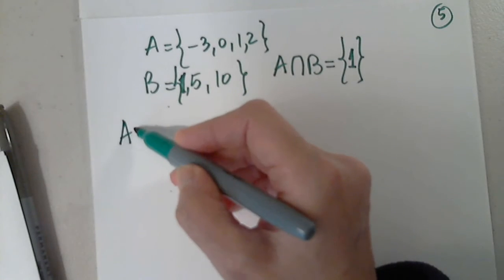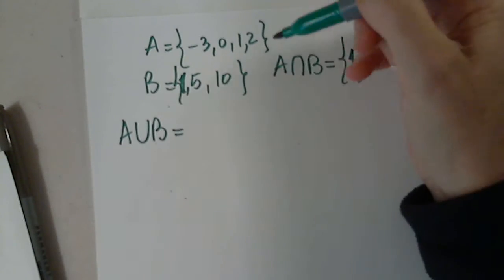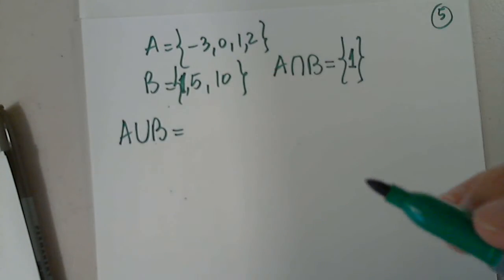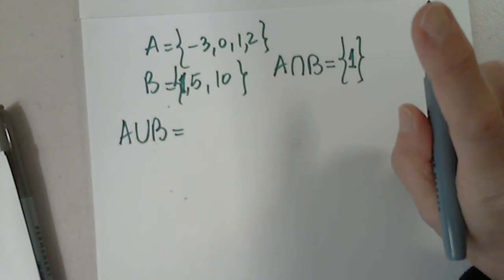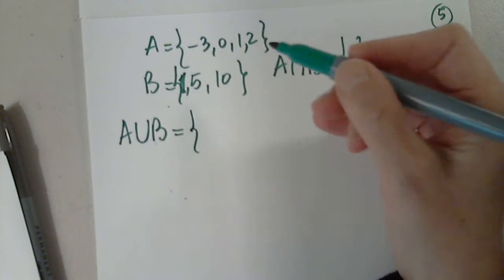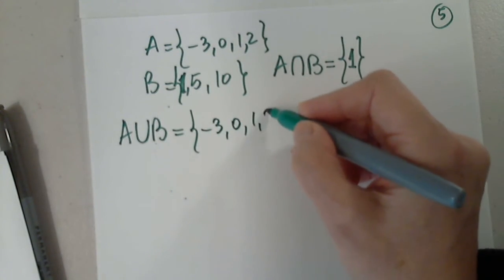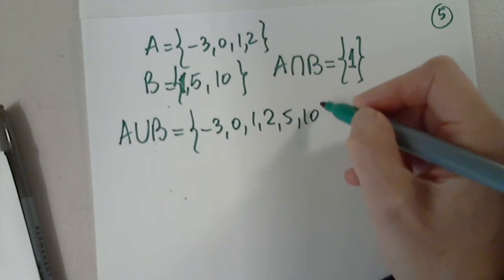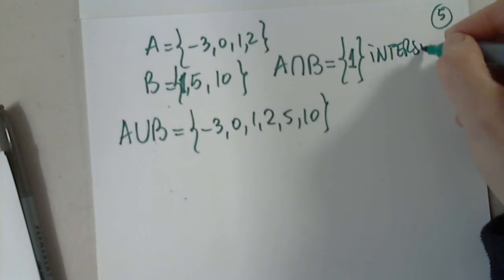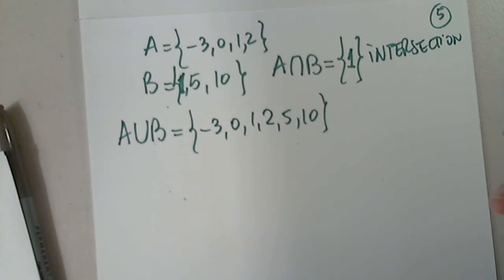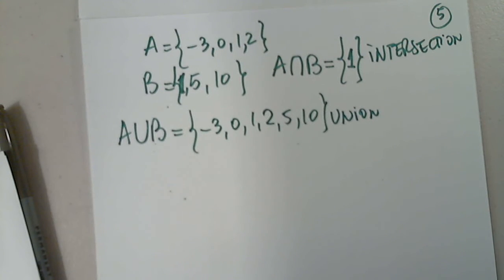But if I want to create the union, then I have to write all elements in order from left to right, from smaller to largest, and only once, copied only once. So 1 will not appear twice. So it's -3, 0, 1, 2, 5, and 10. So this is the intersection, common elements, and this is the union. All elements are written only once.